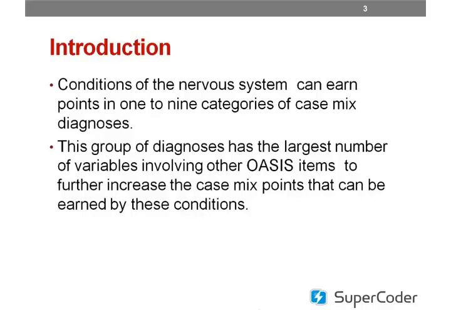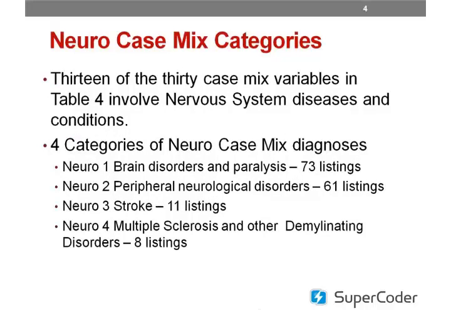So as we move on, and we're moving to slide 4, we'll talk about the Neuro case mix categories. As I said, there are 4 categories of neuro case mix diagnoses. There are 13 of the 30 case mix variables in Table 4, otherwise known as Table 2A, the case mix adjustment variables and scores for home health PPS.